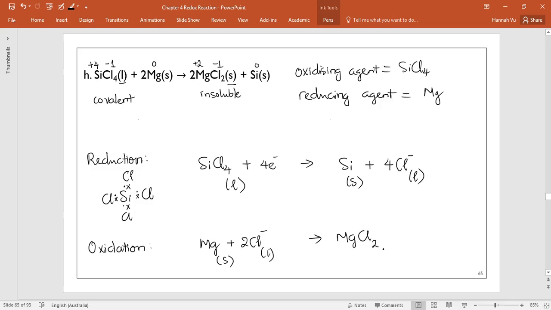So that's solid, and that's solid, which means I need to have 2 electrons on that side. So what happened here is the magnesium is going to lose 2 electrons to become magnesium ions, and the magnesium ions will immediately precipitate with the chloride ions that are already being formed from the silicon. Hence you have a solid and you have the other solid as the product.